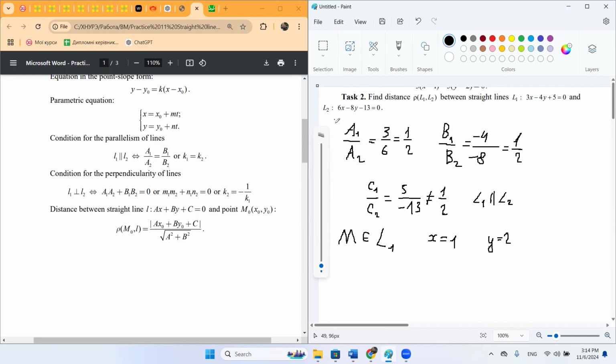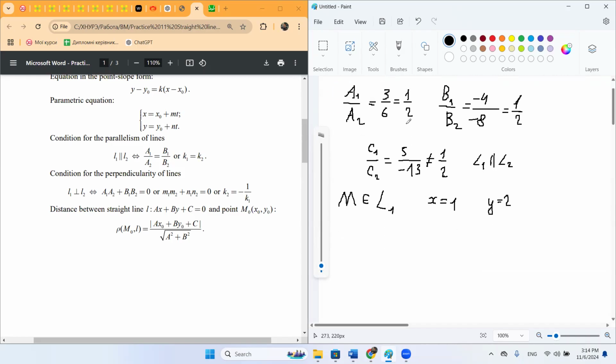If we chose 0 here, we would have to divide 13 by 8, so a lot of fractions. It's not convenient, but the result will be the same.